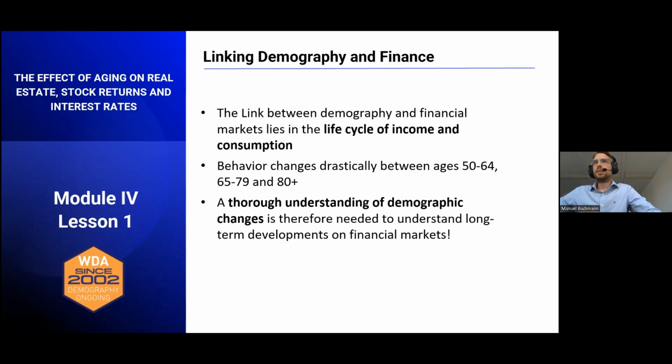This is extremely important to understand long-term developments on financial markets. If one understands demography and how life cycle behavior changes, one also understands what big trends will happen on financial markets in the coming years and decades.